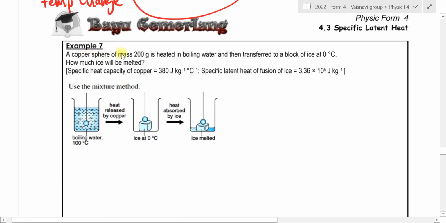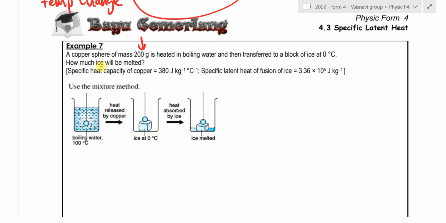A copper sphere of mass 200 gram is heated in boiling water and then transferred to a block of ice at 0 degrees Celsius.